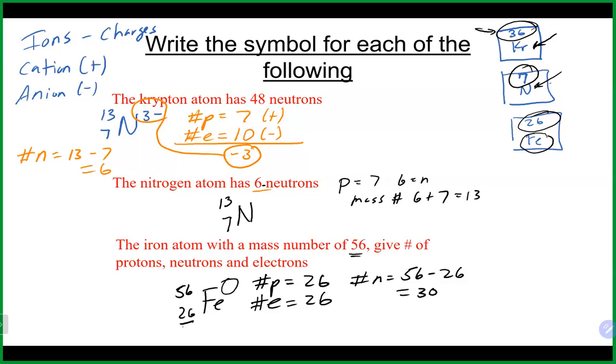And it's because nitrogen with a -3 charge, which is known as nitride, versus neutral nitrogen on the bottom. Neutral nitrogen on the bottom here has 7 protons, and it would have 7 electrons, right?